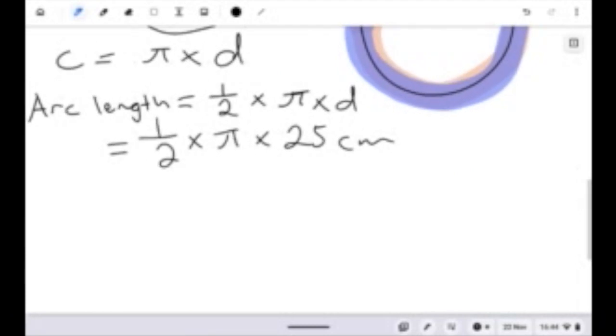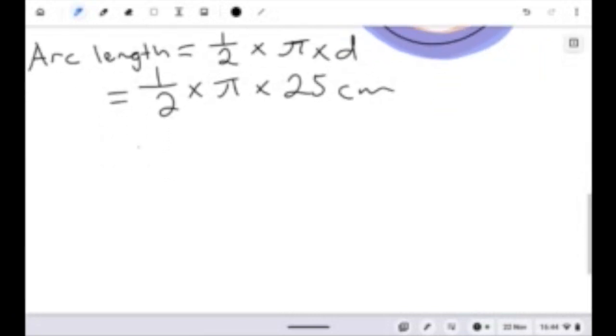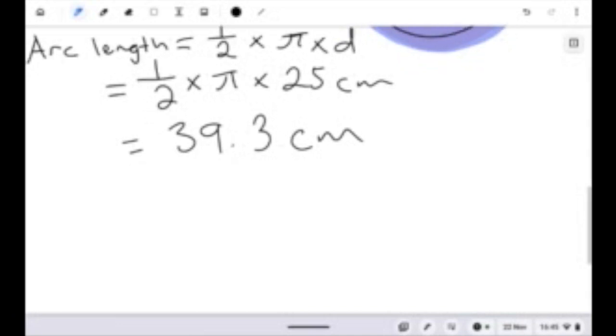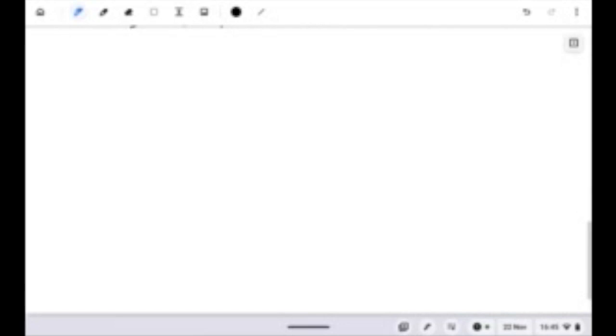So half times pi times 25, to one decimal place, that's going to give me 39.3 centimeters. That is a half portion of my entire semicircle here. Now, let's look at another example. Let's look at this thing here.